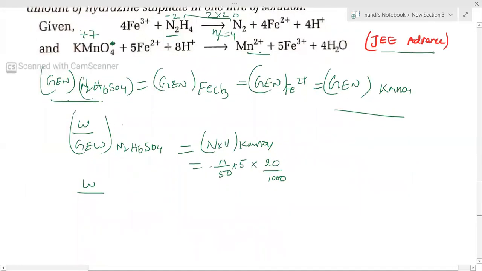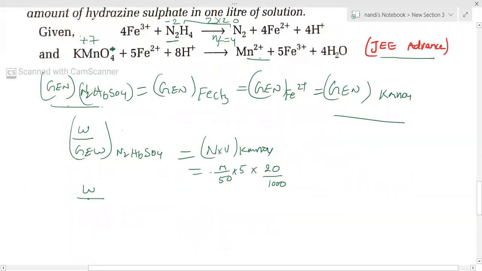So now we can check it. Weight by molecular weight of N2H6SO4 is 130 grams and N factor is 4, equal to, so this is 10 times. You can get here, this cancels, nothing but 2 into 10 power minus 3. Now W equals 130 into 2 into 10 power minus 3 by 4.